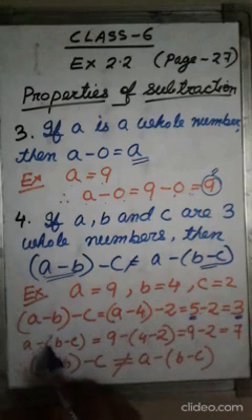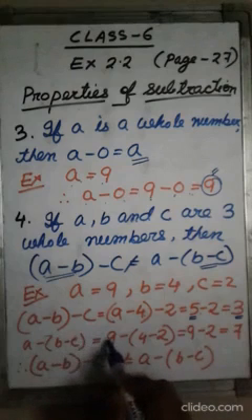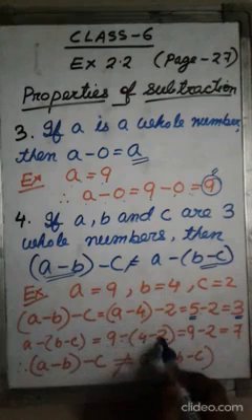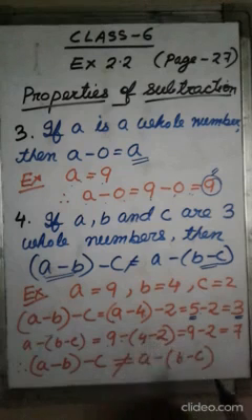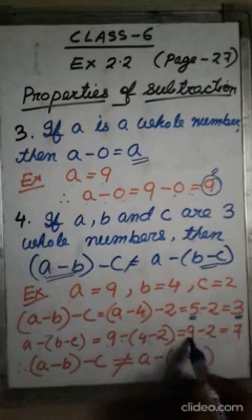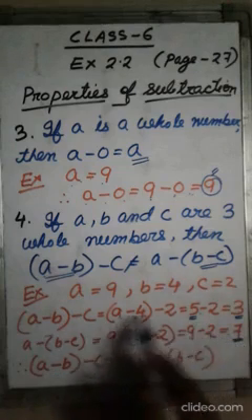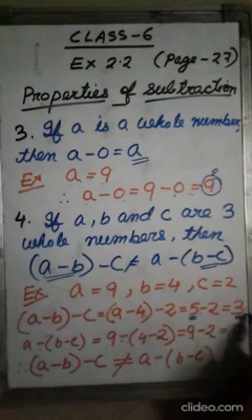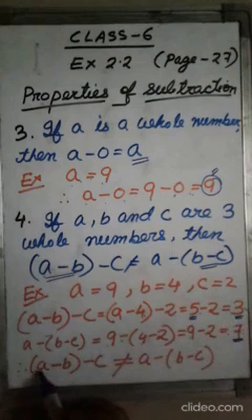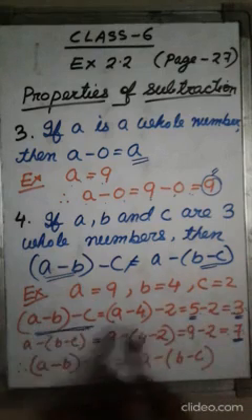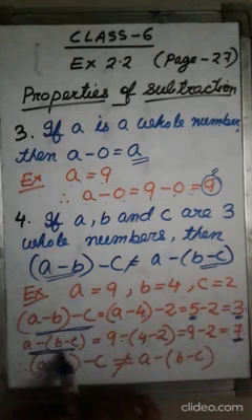A minus within bracket B minus C is equal to 9 minus within bracket 4 minus 2. 4 minus 2 we have to do first. 4 minus 2 is 2. So 9 minus 2 is equal to 7. We can see that 3 is not equal to 7. Therefore, 3 is value of this. 7 is value of this.